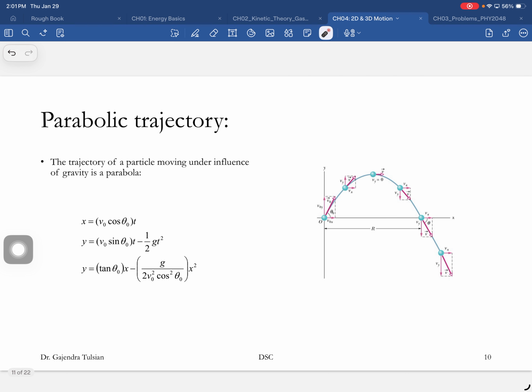So let's look at the x motion. What we're doing is taking a ball and tossing it with an initial speed v naught. There is the initial velocity vector, and the launch angle is theta naught. So the initial velocity, v naught, is v naught cosine theta naught i plus v naught sine theta naught j.